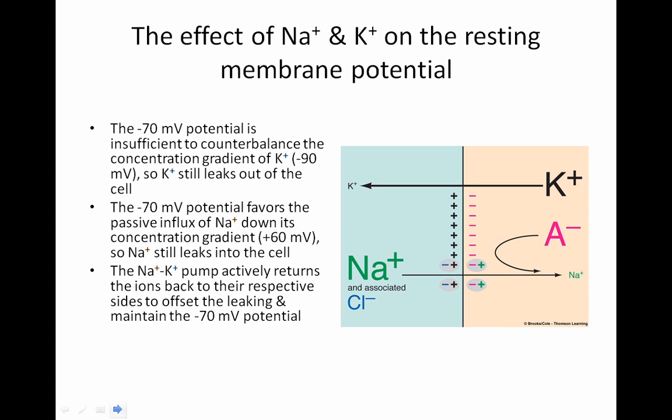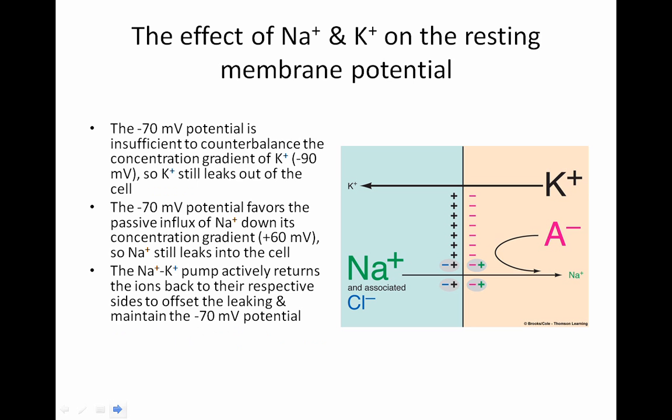All right. Now here's the -70 millivolts as a resting membrane potential. Does it satisfy the equilibrium potential? So what's sodium going to do? It's going to keep moving into the cell.